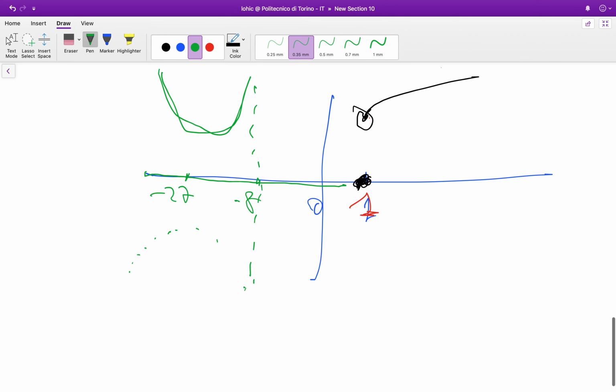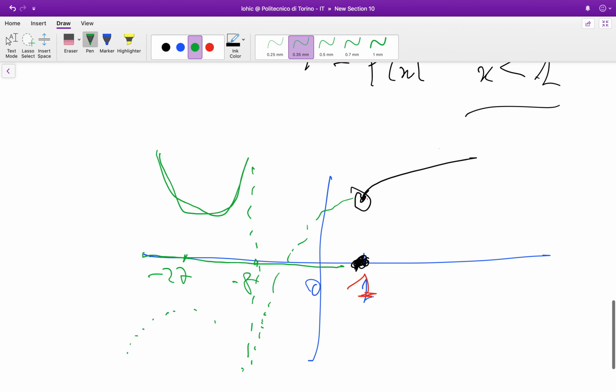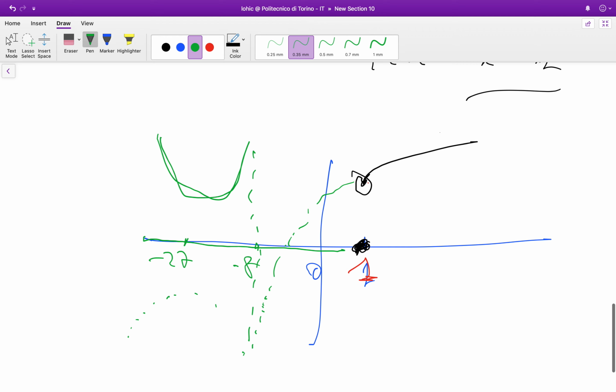Then the other part was like this, and the minus of this part will become something like this.